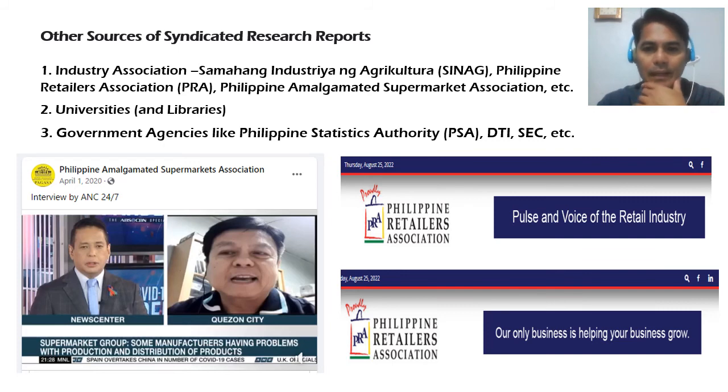Another is DTI or Department of Trade and Industry. The Securities and Exchange Commission can also be a source of relevant information. I think even NGOs like Ibon Foundation, and other types of organizations, also gather information relative to the industry they represent.